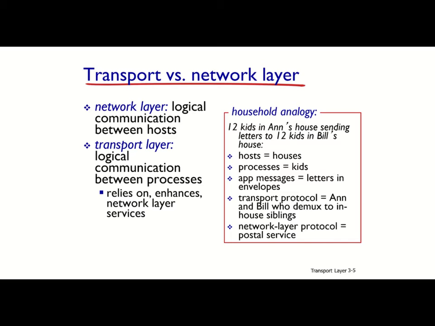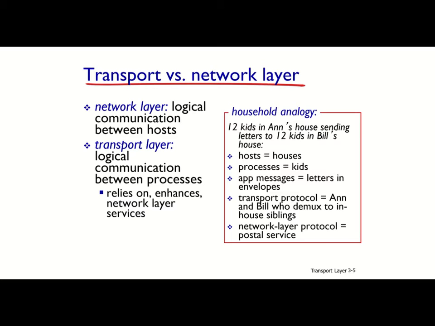So that's similar to what we have in the internet as network layer protocol services. Okay, so network layer protocol services can be considered as the postal service that we have in this example.